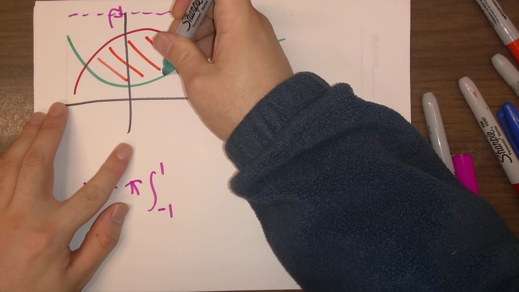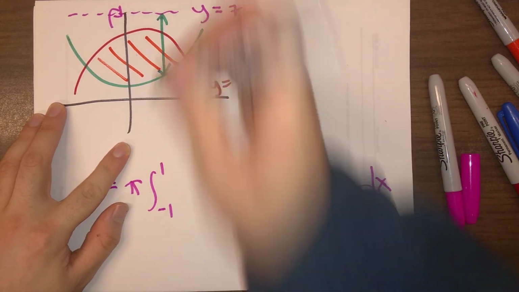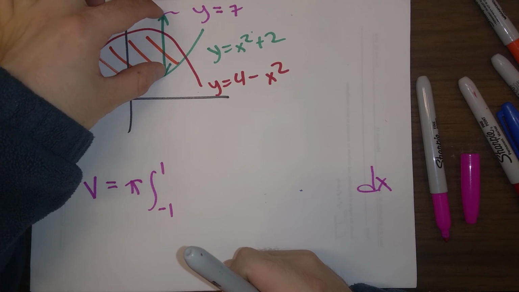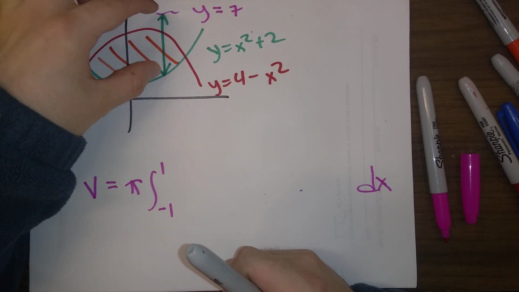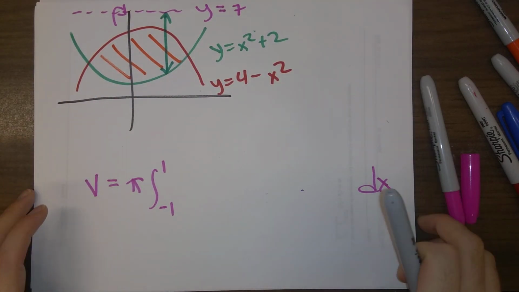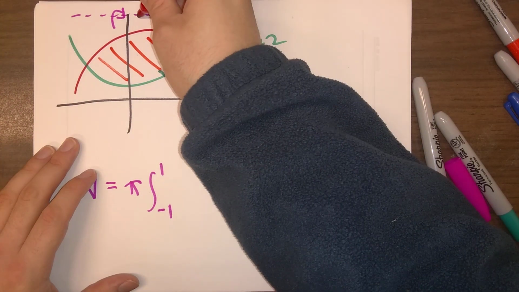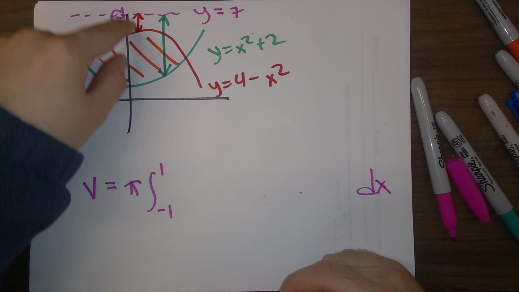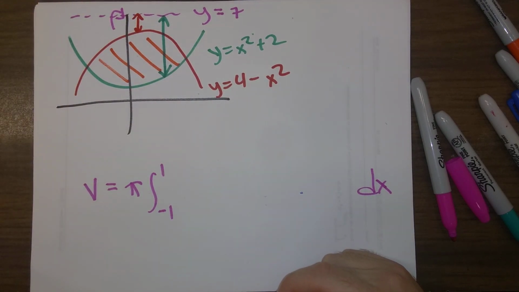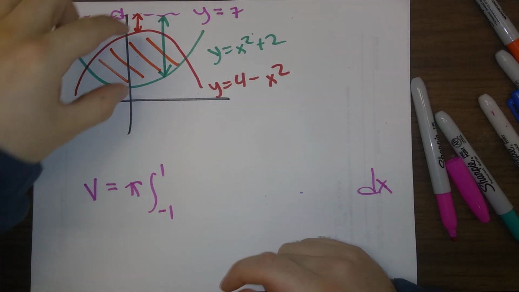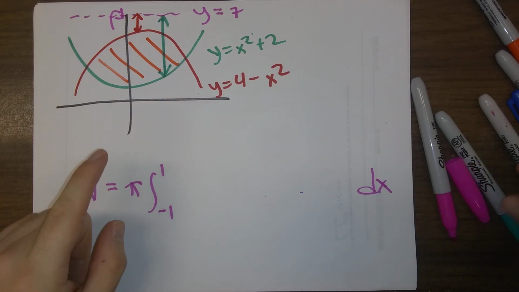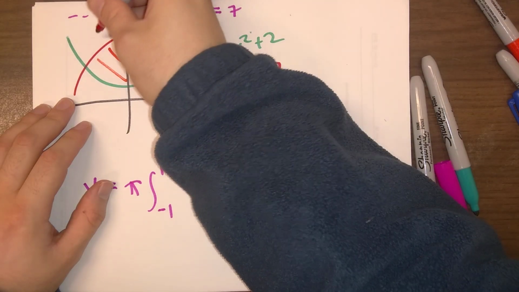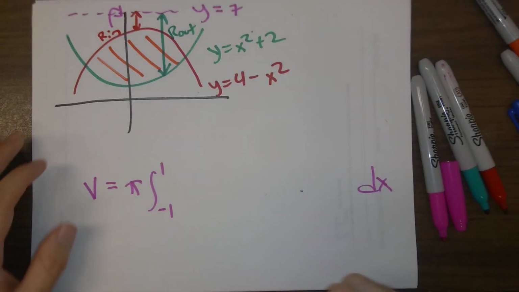So our outer radius is actually going to be x squared plus 2, the distance from x squared plus 2 to y is equal to 7. The inner radius is the distance from 4 minus x squared to 7. So this is the first big thing, realizing that this is the outer radius and this is the inner radius.